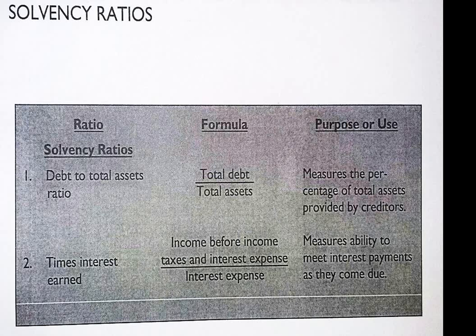A long-term creditor, such as a bondholder, would be interested in solvency, I mean the company's ability to survive over a long period of time. A long-term creditor would also be interested in profitability. They are interested in the likelihood that the company will survive over the life of the debt and be able to meet interest payments.